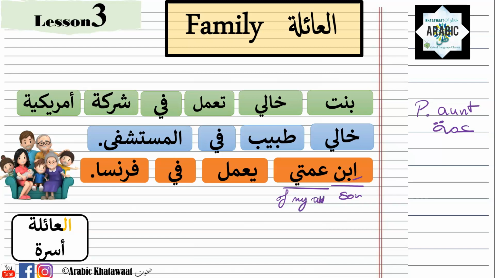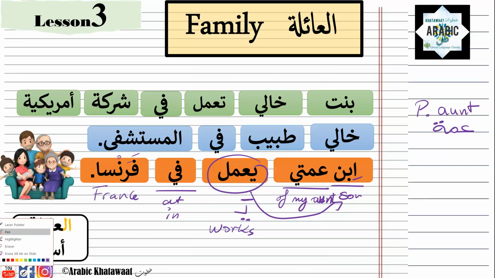Sorry, my aunt, there you go. هو, when I say يعمل, I refer to the son. That's why I'm using the masculine version of the verb conjugation, ya, works, في, at or in, فرنسا, France. ابن عمتي يعمل في فرنسا.